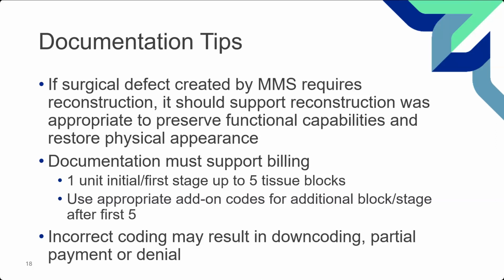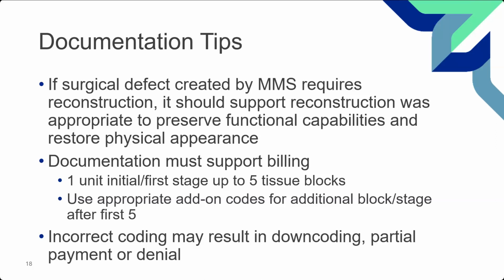That seems like a no-brainer, but if it comes across on your bill, we've got to be able to find it in your documentation. So your 1 unit, your initial CPT code is for the first stage and includes up to 5 tissue blocks.